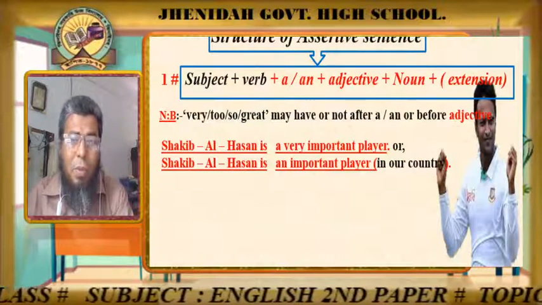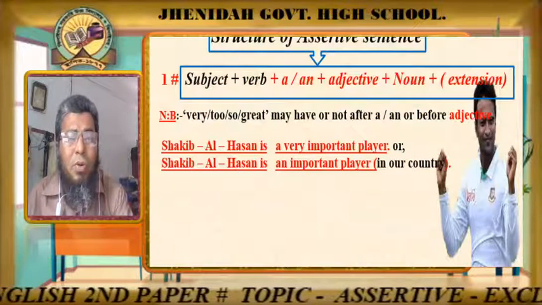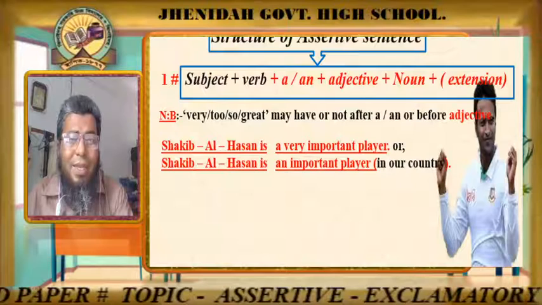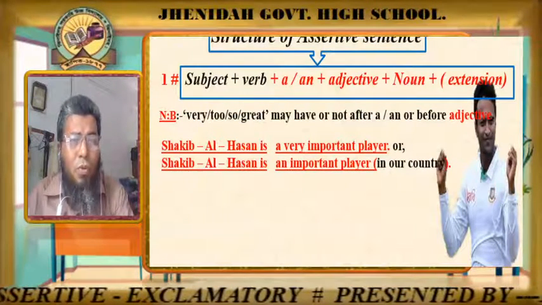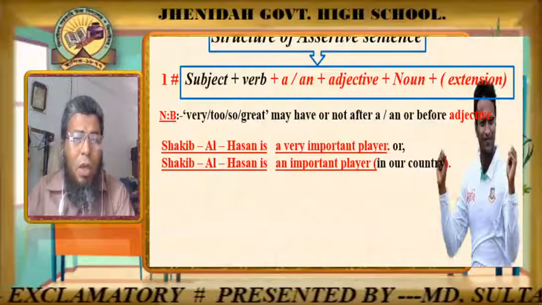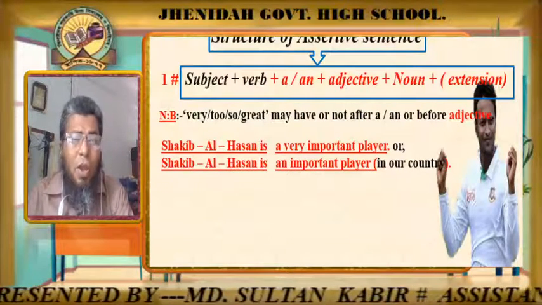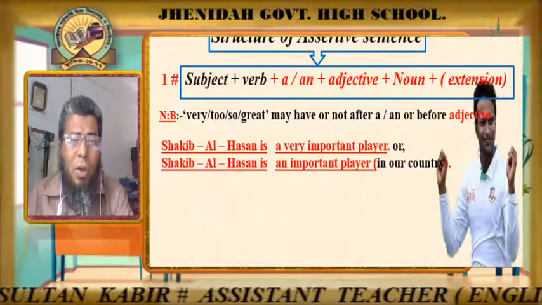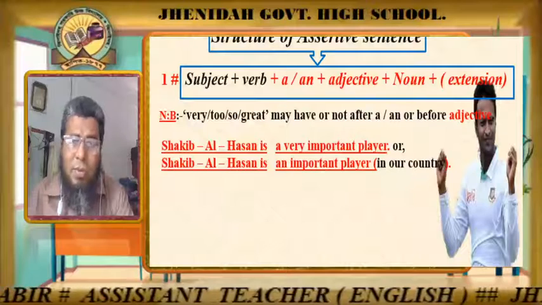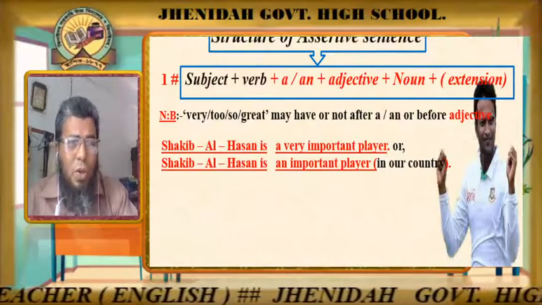You can remember here, extension is not a very important part of a sentence. You can add this extension to give more information. And the question is here: very or great or too or so may be used before the adjective or after a or an, or may not.